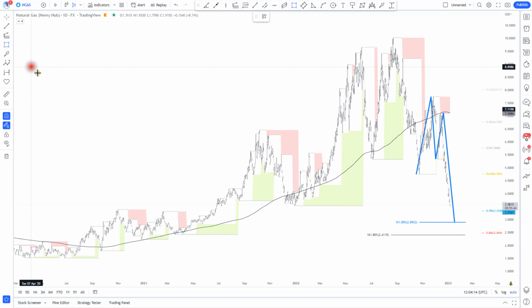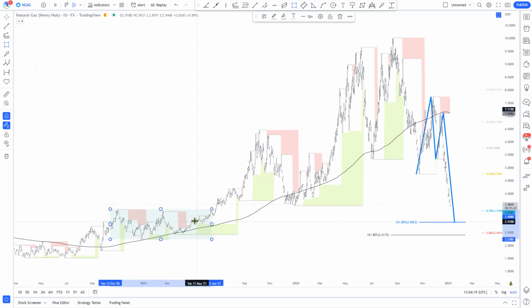Note that we are also approaching the previous consolidation box zone. That completion point for the crab pattern points almost to the midpoint of this range.